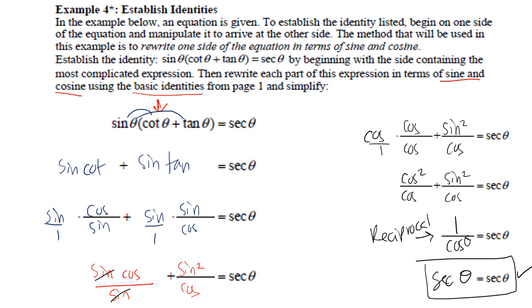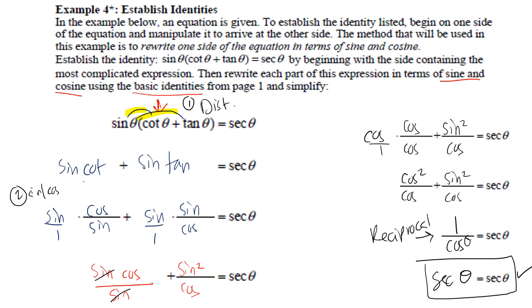Okay, so let's recap what we did. The first thing we did was we distribute. So step 1, we distribute. Step 2, we rewrote everything in terms of sine and cosine.